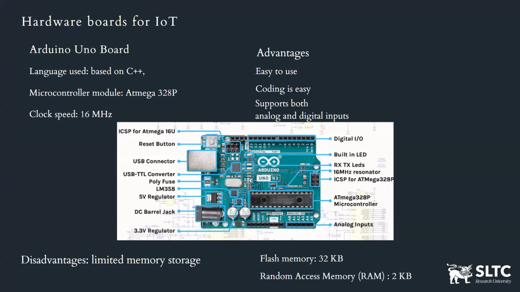When we take synchronous serial communications, the clock speed determines the rate at which the data is processed. So the Arduino Uno board has 16 megahertz of clock speed, and therefore it has data rates of up to like 8 to 16 megabits per second.